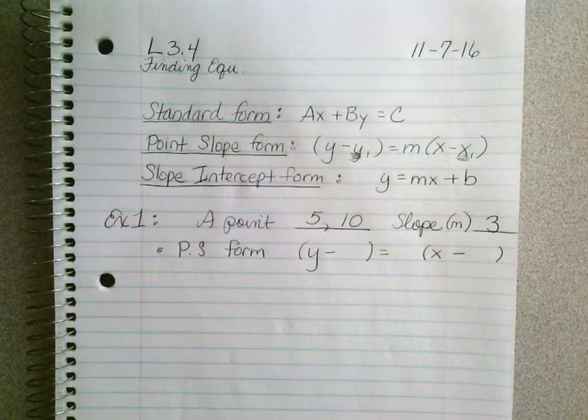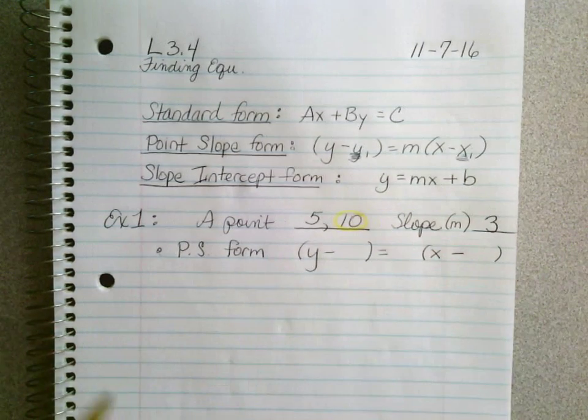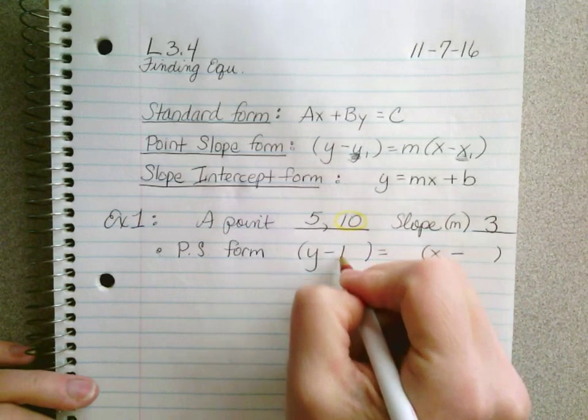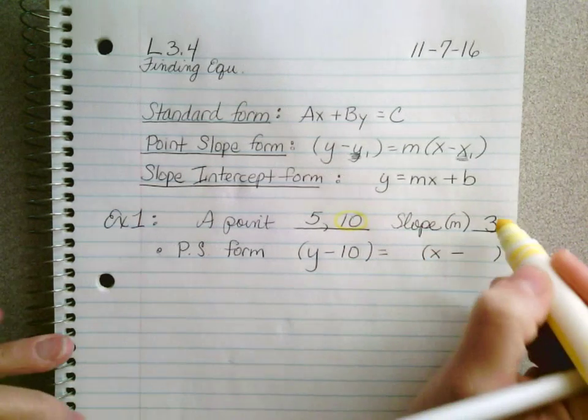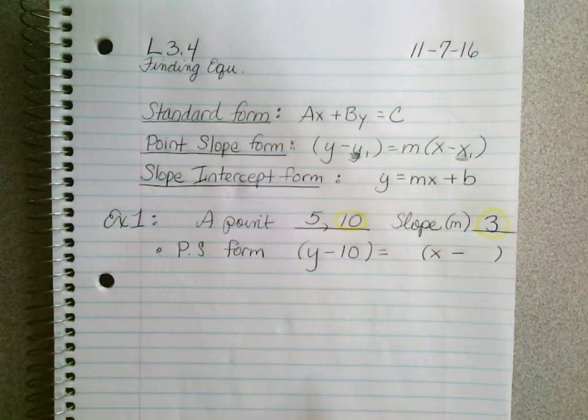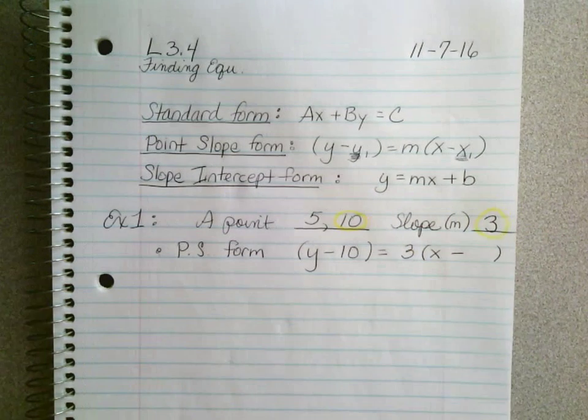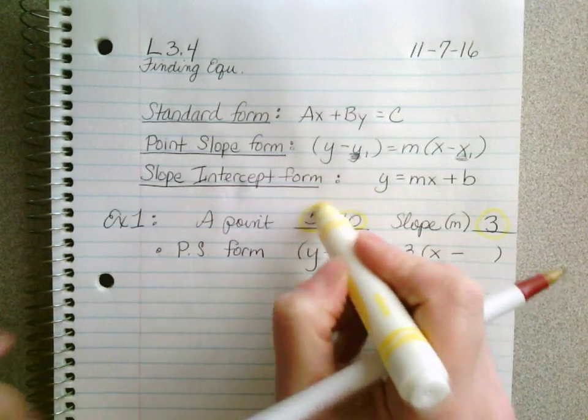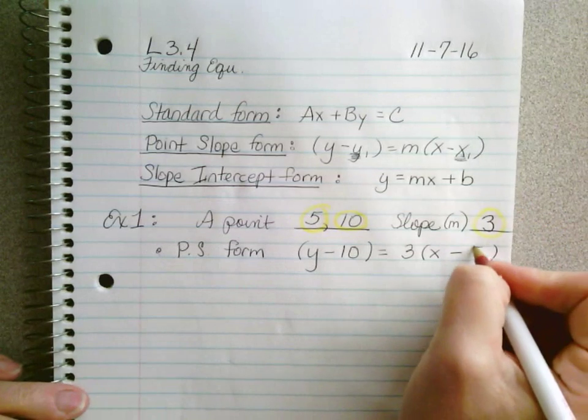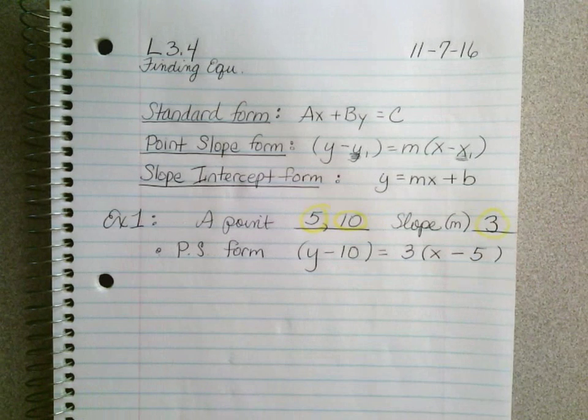So plugging in the information, the y value gets plugged in for y1, the m value gets plugged in where the m went, and the x value goes where x1 was. Now we need to gradually convert this to standard form.